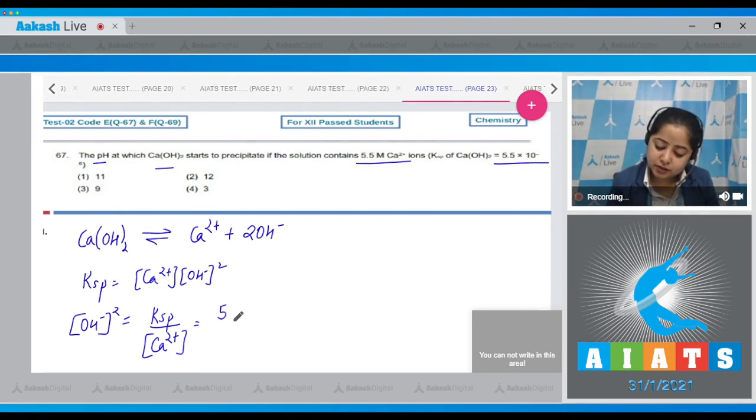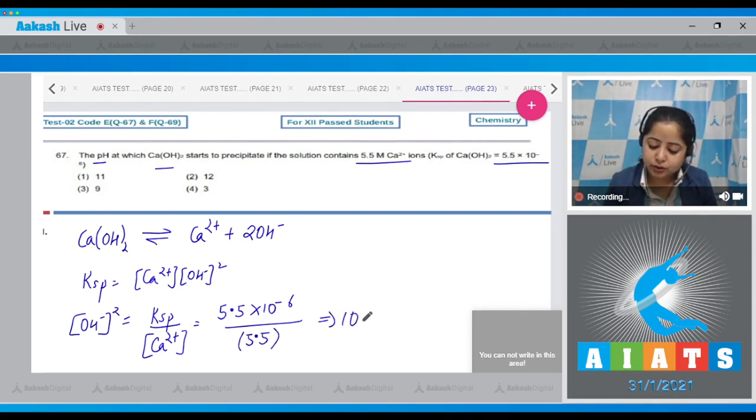The value of Ksp is 5.5 × 10^-6, and the concentration of calcium ion is 5.5, so it is equal to 10^-6. Also, the concentration of hydroxide ion will be 10^-3 molar.